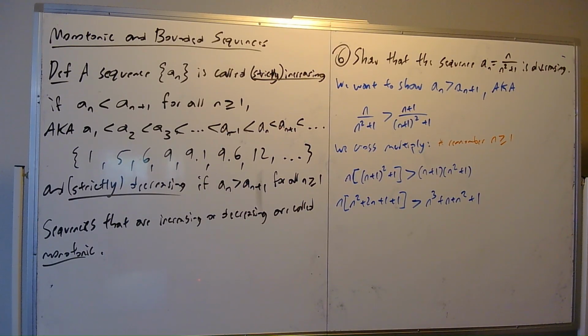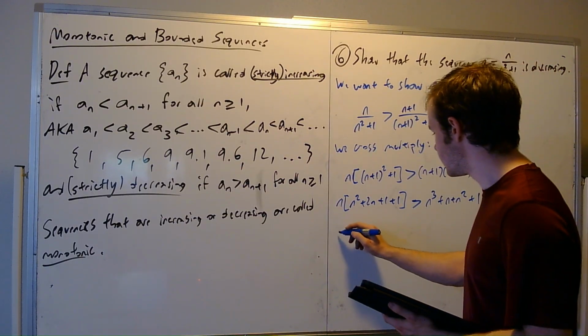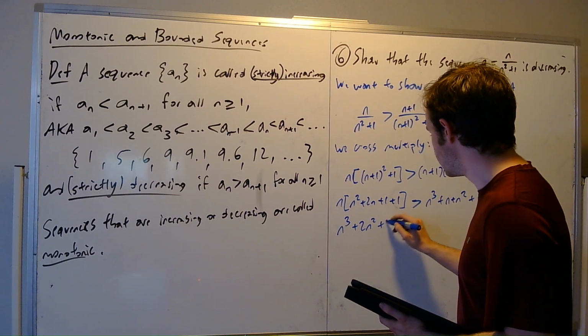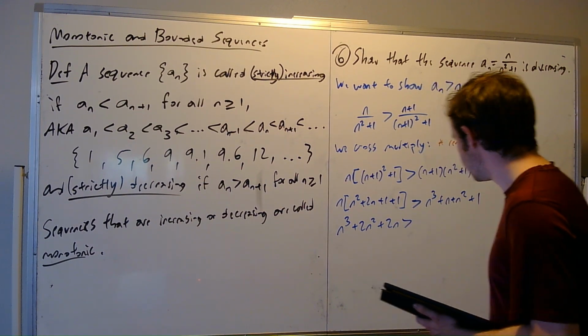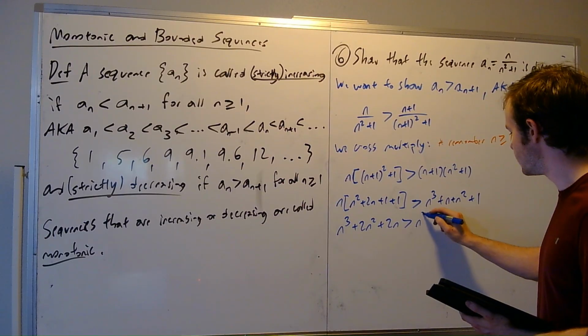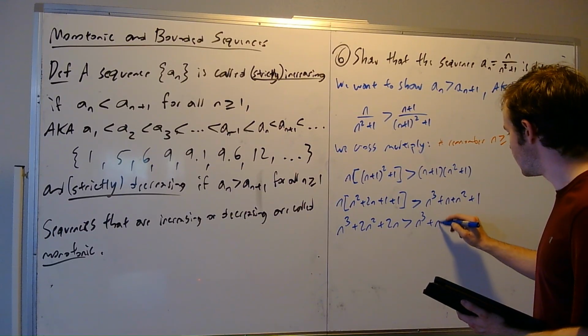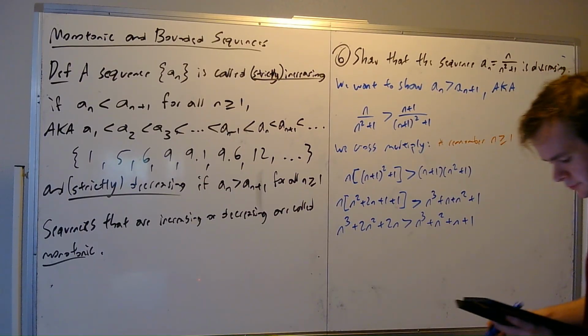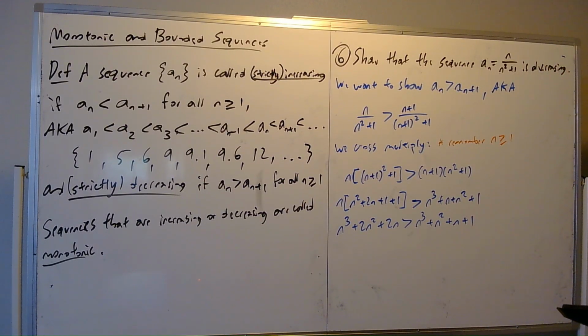And now we can just multiply what this gives us. So we're going to get n cubed plus 2n squared plus 2n is greater than, on the right side we have n cubed plus n squared plus n plus 1.